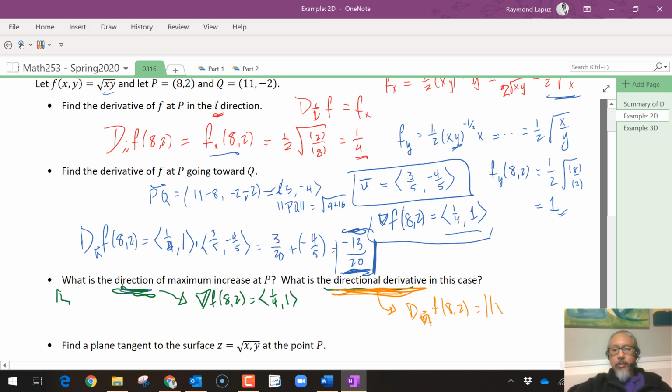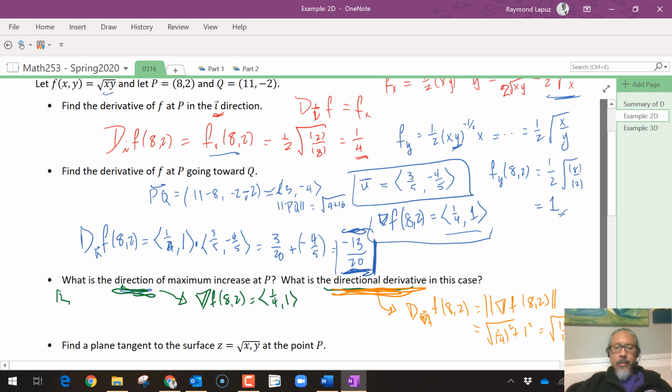So according to our formula from the previous page, this is the magnitude of the gradient evaluated at (8, 2). So that's the square root of (1/4) squared plus 1 squared. So that's 1/16 plus 1, which is the square root of 17/16, or square root of 17 over 4.